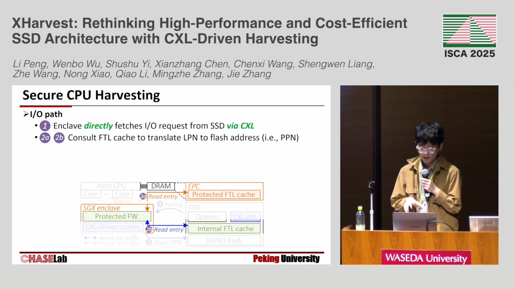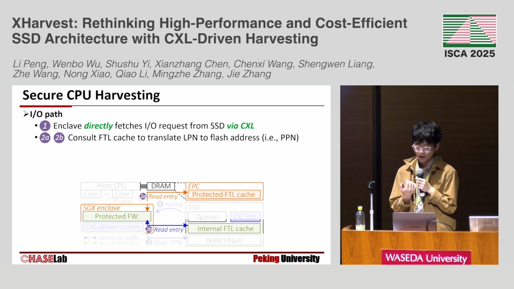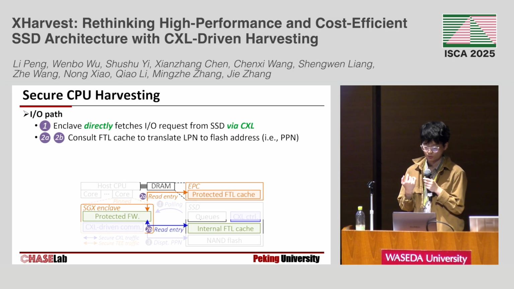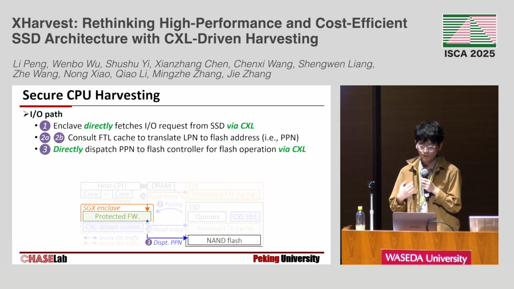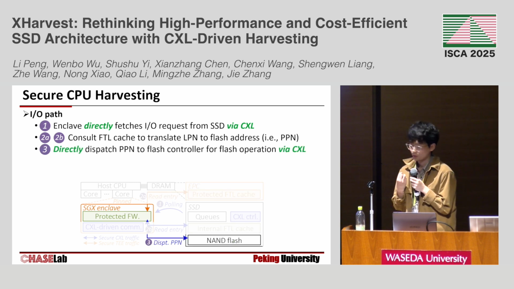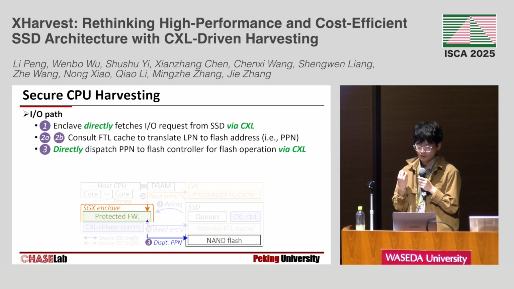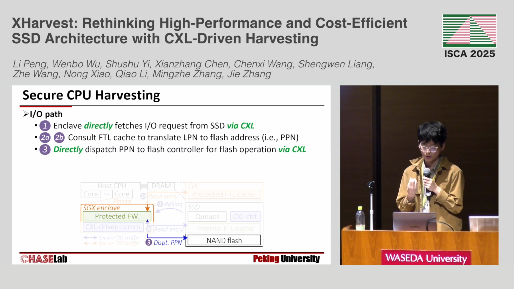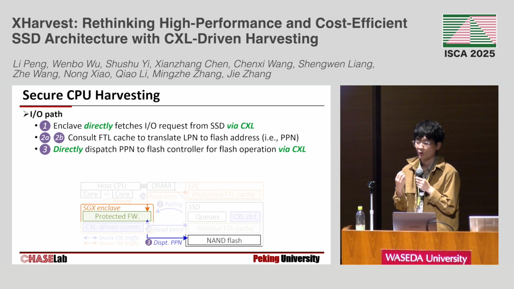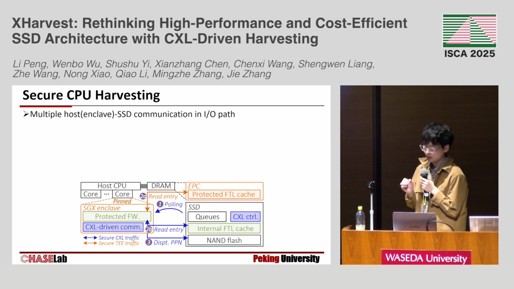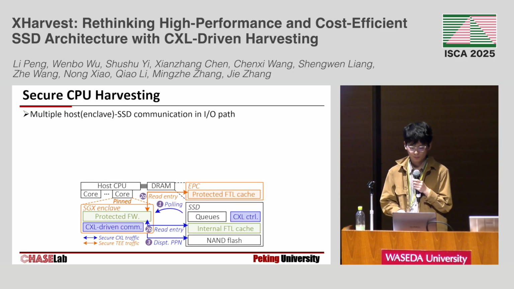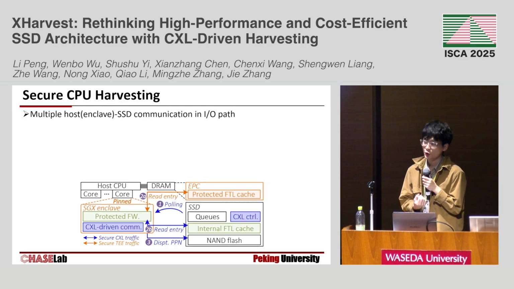Then the enclave consults the FTL cache to translate the LPN of the request to flash addresses. Following this, the enclave, also utilizing CXL, directly dispatches the PPN to the flash controller within the SSD for reading or writing flash. As we can see, the IO path involves multiple host-SSD communications.